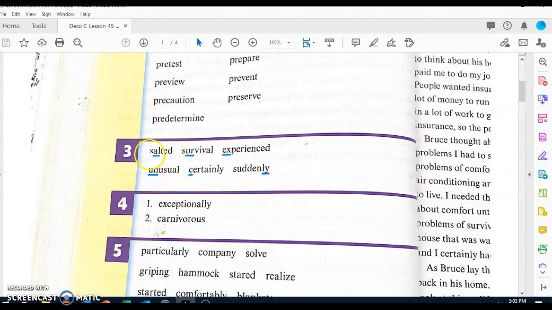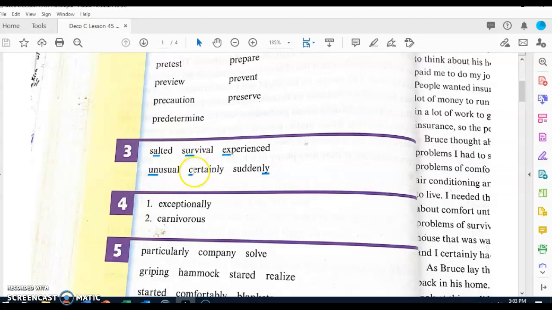Touch the first word in part 3. First word. What's the underlined part? Ed. What word? Salted. Next word. What's the underlined part? What word? Survival. Next word. What's the underlined part? Ex. What word?